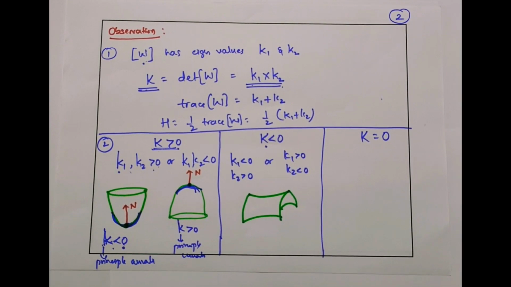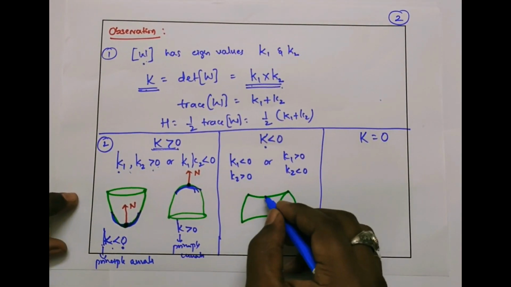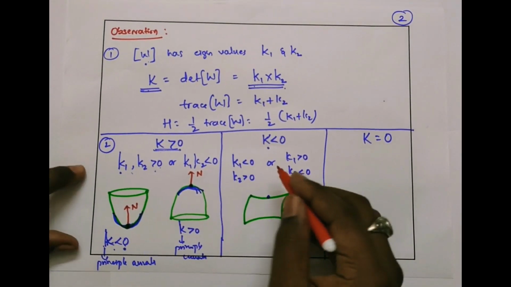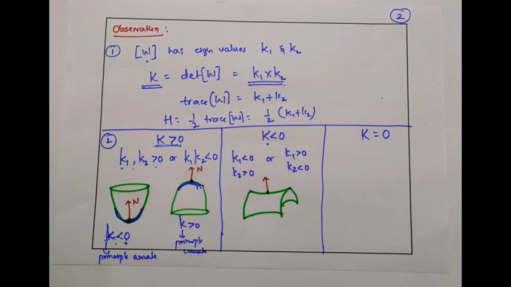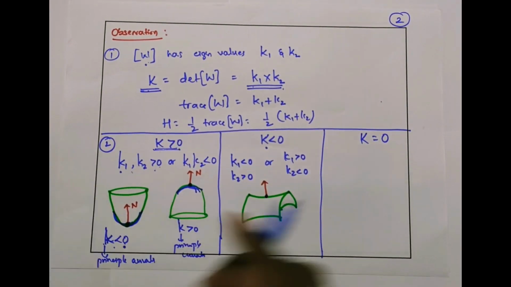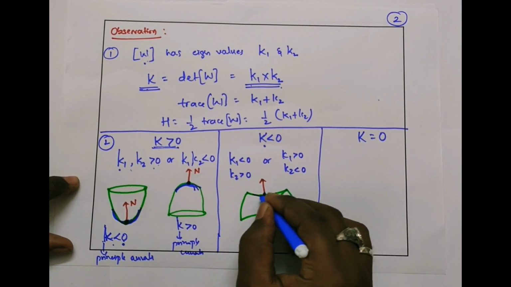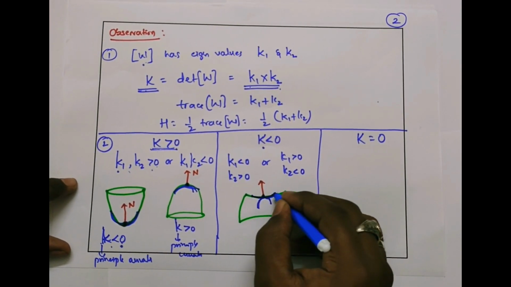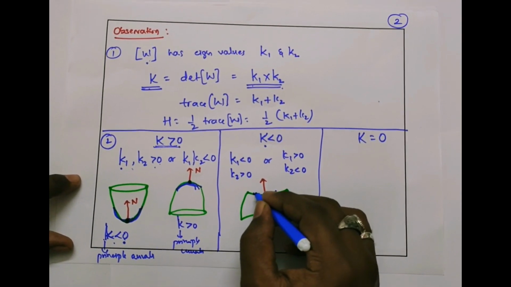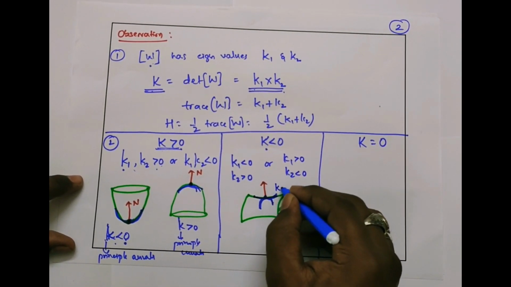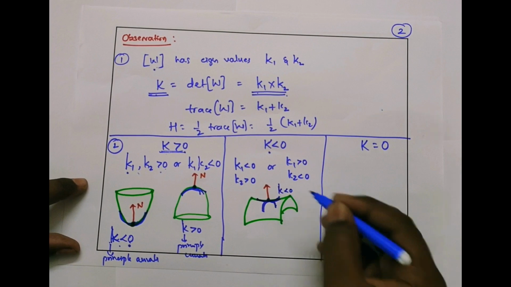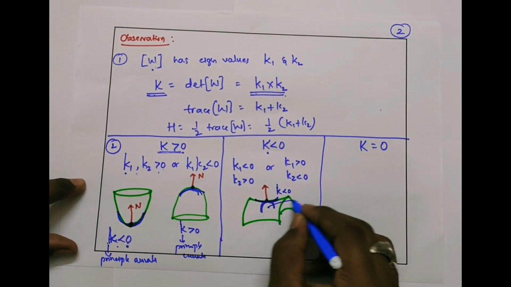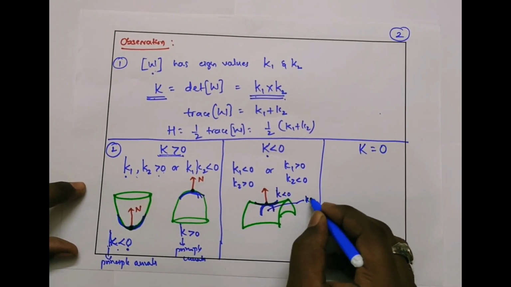Let us consider a point here and draw the normal, in fact the unit normal. If you closely observe here, it is like bulging up towards the normal in one direction, and the other one is bulging down towards the normal. Wherever it is up towards, we know that our principal curvature, small k, is less than 0, and wherever it is down towards, small k is greater than 0.